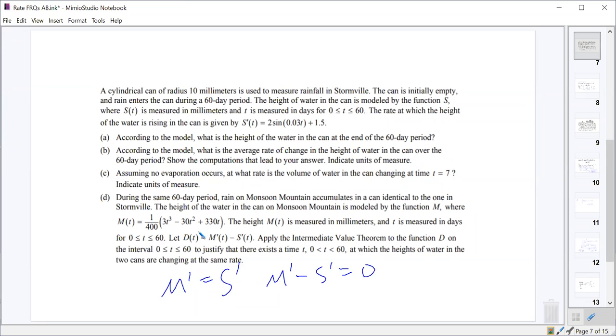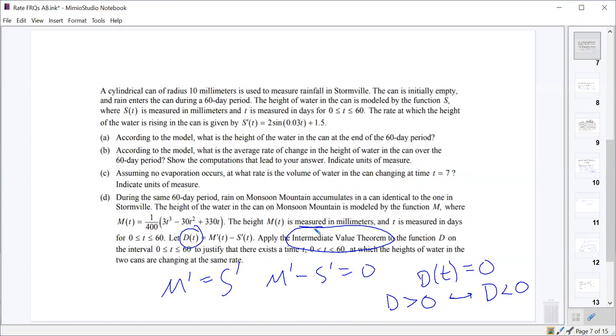So we are looking for when does D of t equal 0. And so if we can prove that D of t equals 0 at some point between 0 and 60, then we can say that this must be true. And it says to use the intermediate value theorem to do that, which means that if we want the value of D to equal 0, we just need to show that at some point D is greater than 0, and at some other point D is less than 0 on the interval from 0 to 60.